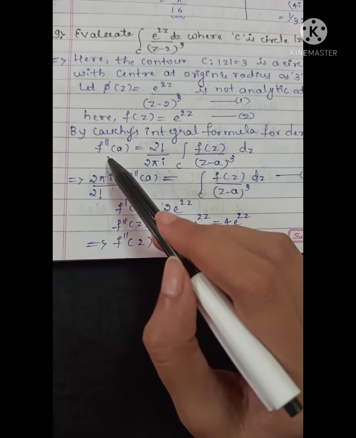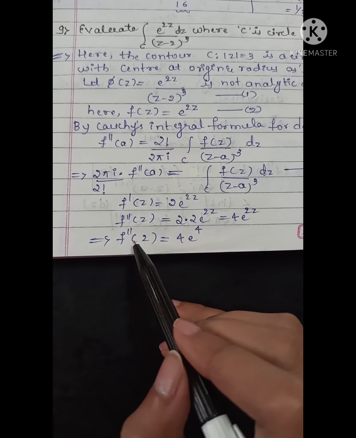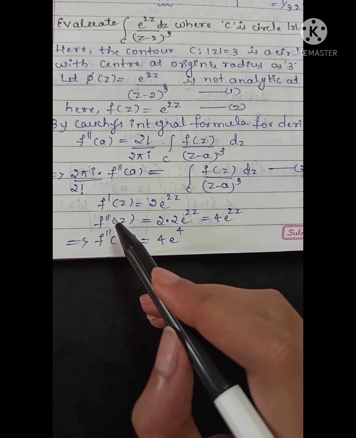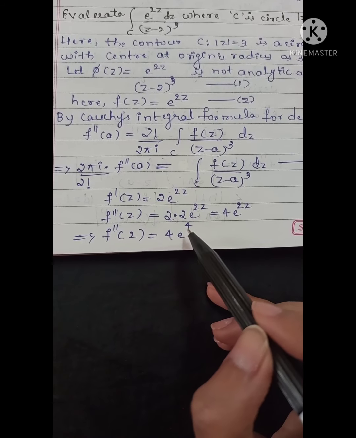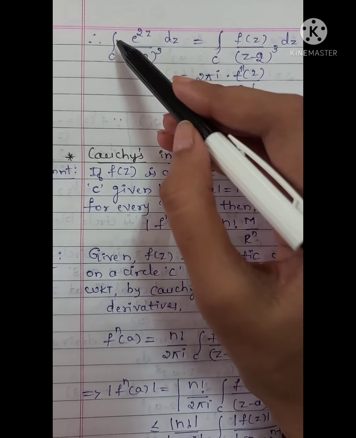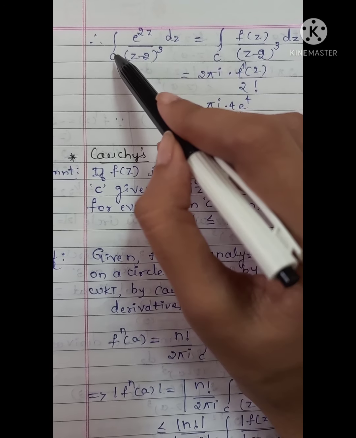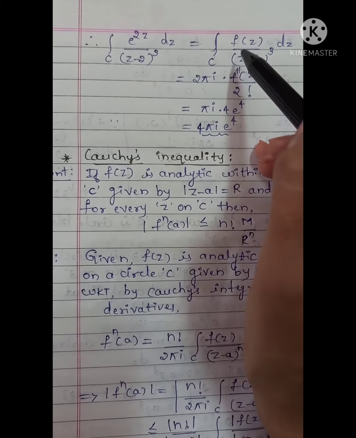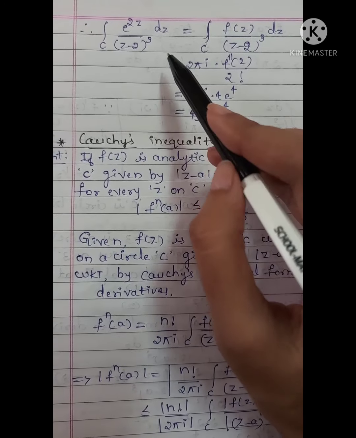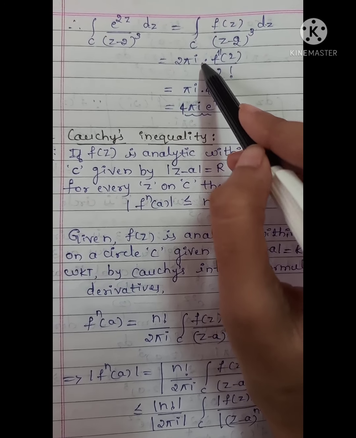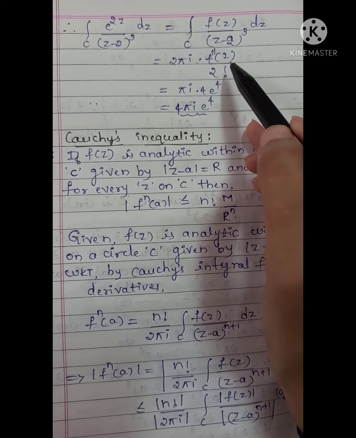We want f''(a). Here a value is 2. Therefore f''(2) is obtained by replacing z by 2 in the above equation, that is 4e^4. Therefore the integration of e^(2z) divided by (z − 2)^3 with respect to z over closed contour C is equal to the integration of f(z) divided by (z − 2)^3 over C, which is equal to 2πi times f''(2) divided by 2 factorial.